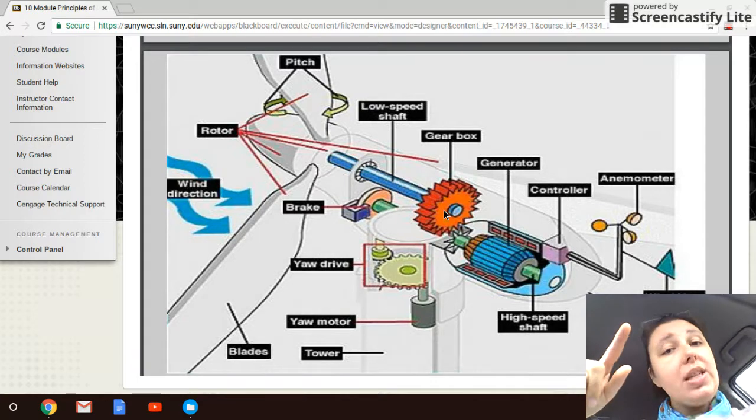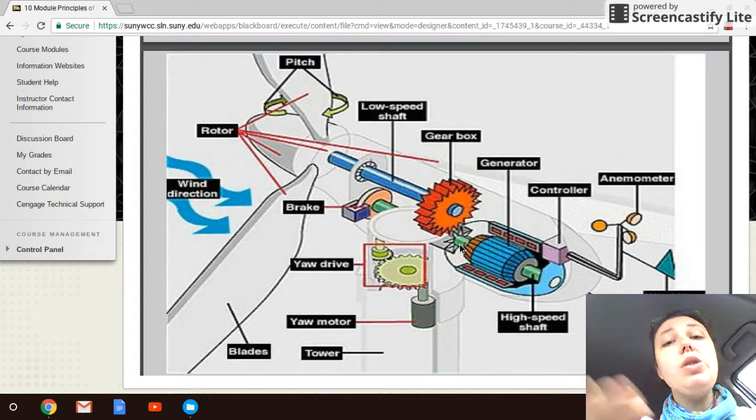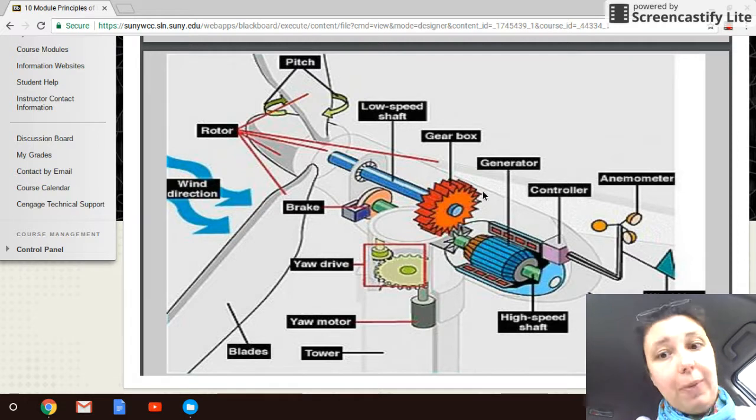I can turn this gear multiple times faster, and so I can pick up the speed from turning something maybe only 15 times in a minute to something that could be turning well over 1,000 times per minute. So I can change my rotations per minute, or my RPMs, into multi-thousands per minute through the gearbox system within my nacelle.